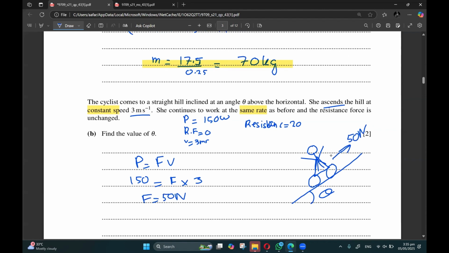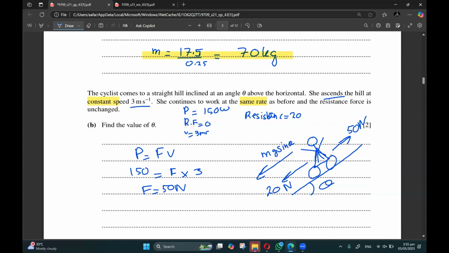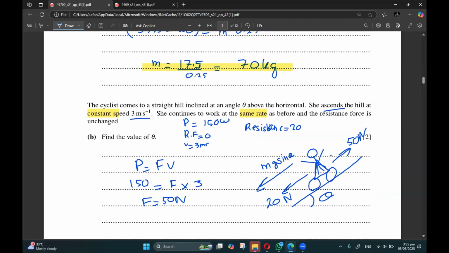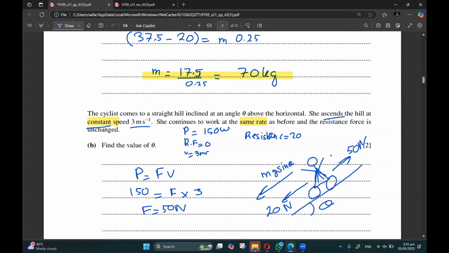And we know that it has a resistive force of 20 Newton. And the other added force now, since it's inclined, will be the component of its weight, which is mg sine theta. Since the cyclist is traveling at constant speed, the forward force will be equal to the backward force since there is no resultant force.